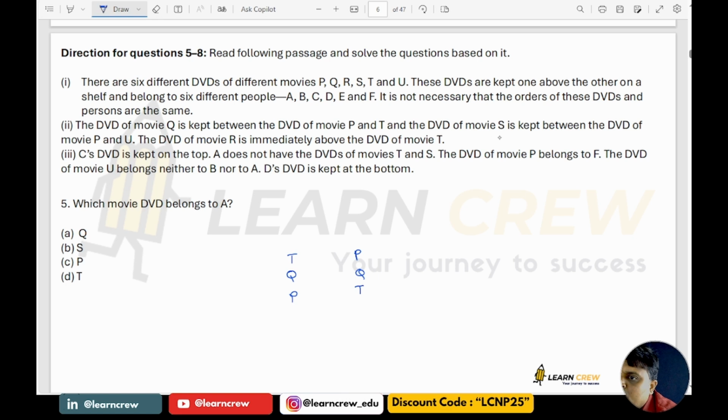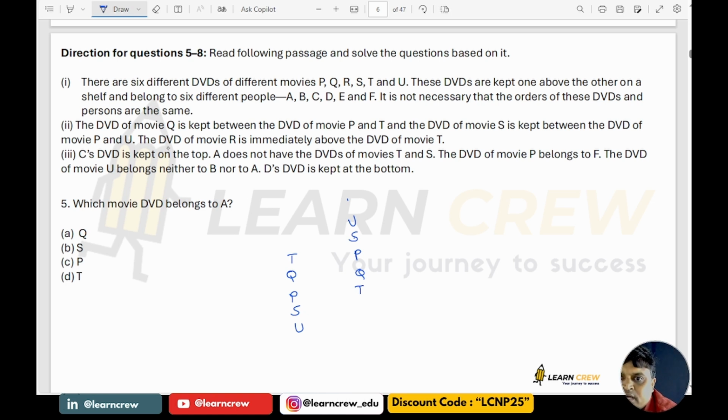And the DVD of movie S is kept between the DVD of P and U. S is between P and U means it can be like this, or it can be like this.